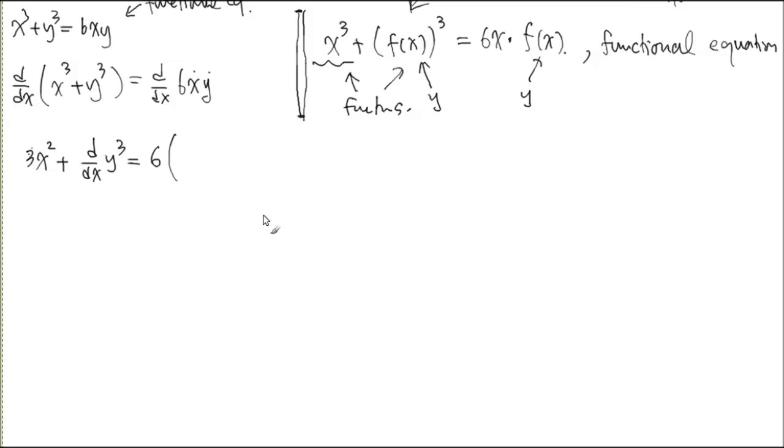You're about to differentiate a product of two functions. What rule are you using? Product rule, right? So what is the derivative of the first guy? 1. And you don't touch the second one. And then you don't touch the first factor and differentiate the second one. So you arrive here. Does that make sense?